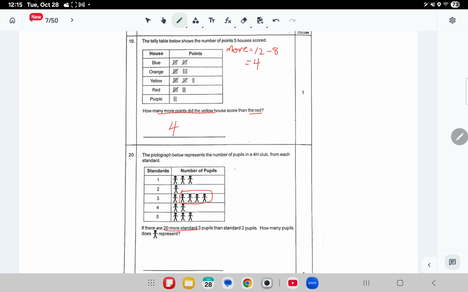So 4 of the graphics is equal to the 20 more students. To find out for one graphic, it will be 20 divided by 4, which is equal to 5 students. So good, and that's it for section 1 in test 2 2025.